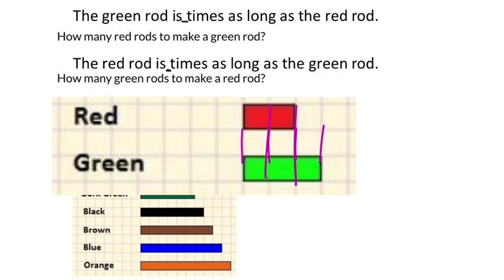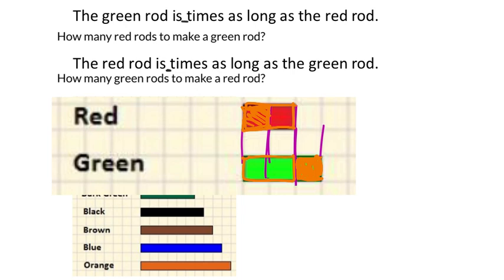Well, we know that it will take the full red rod here to make up this part of the green rod. But then we have this one extra square, which is, well, I'll say it's this square right here, okay? So if I were to take this square and then put it here on the green rod, then it would be a complete green rod.